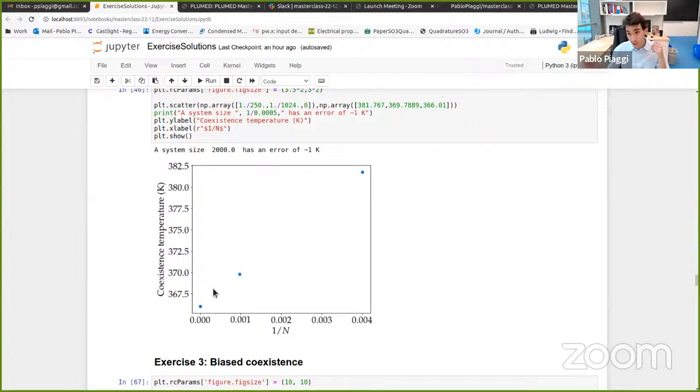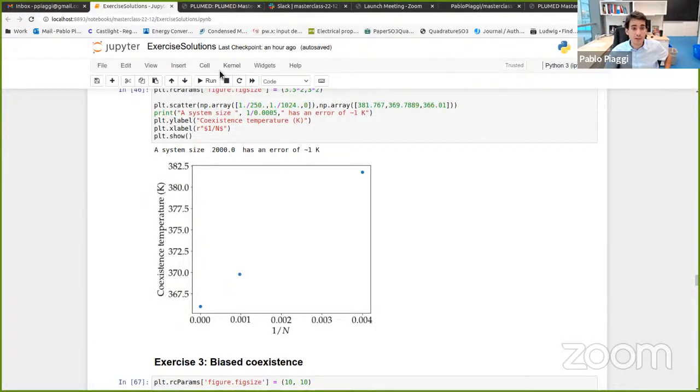So it's relatively large, but this of course depends on the properties of the system, on the heat capacities, on the enthalpies. So sodium is particularly hard, I mean, in the sense that it has large finite size effects.